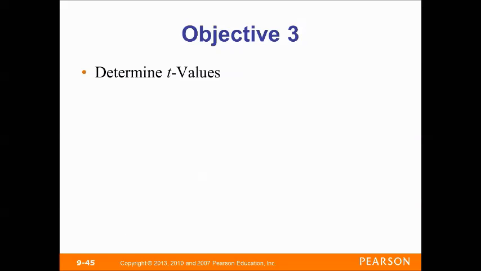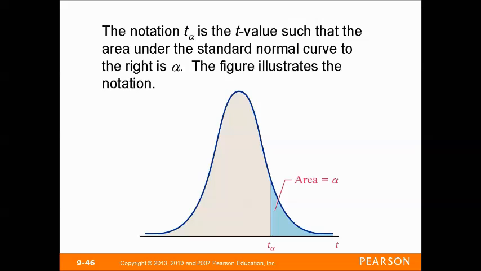So now we're going to determine t-values. Just like we had before when we talked about z alpha being the z-score for which alpha percent of the area lay to the right of that value, we can talk about t alpha. t alpha is the t-score such that alpha percent of the area lies to the right of that value.